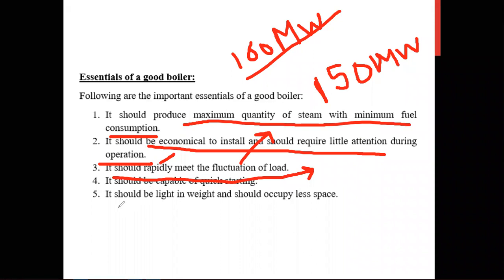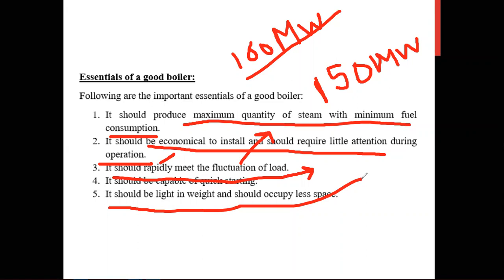It should be light in weight and should also occupy less space. The overall weight of the boiler should be light, because when the weight becomes so much, it's very hard to handle or even install the whole boiler section. It should also occupy less space, because when you are establishing a power plant, you also need to manage the space, that means your land.